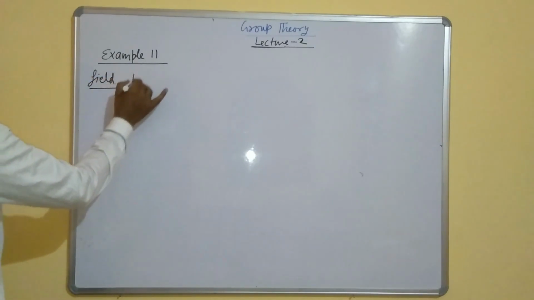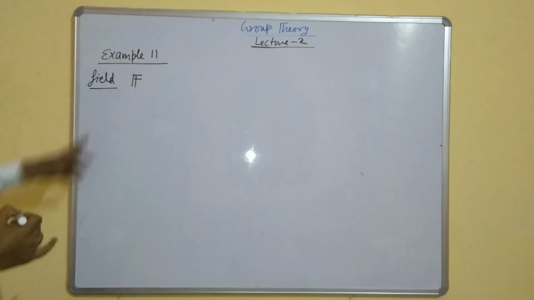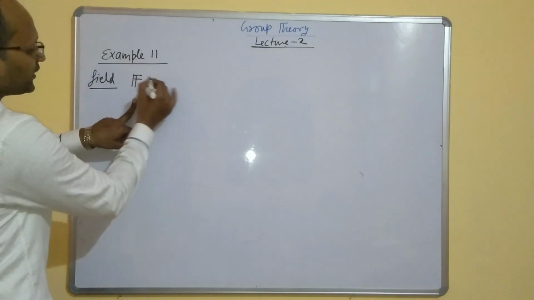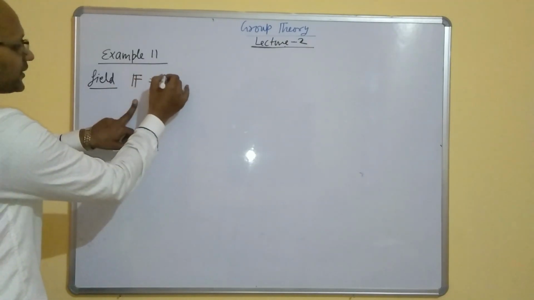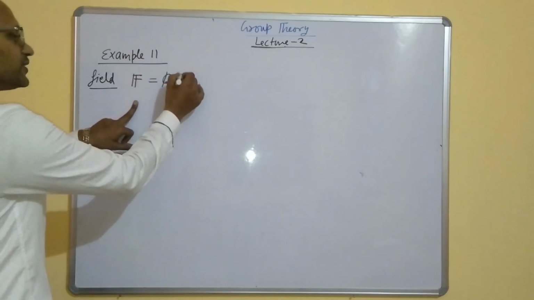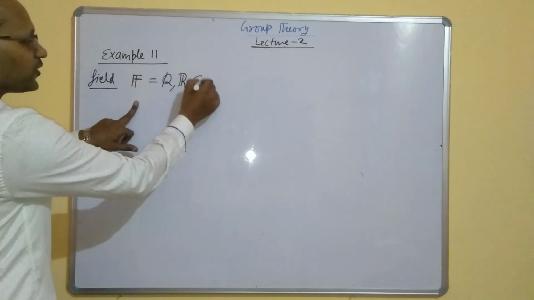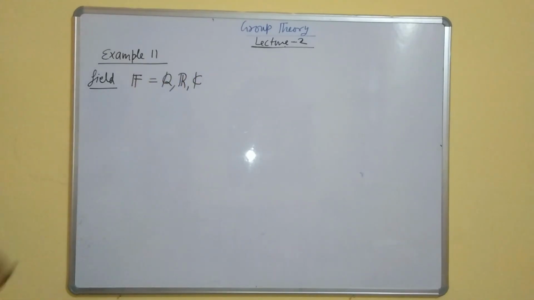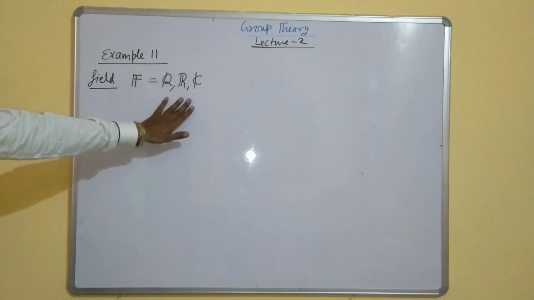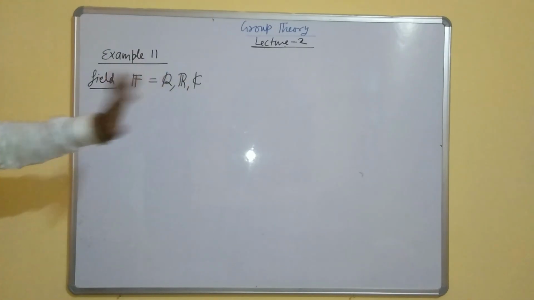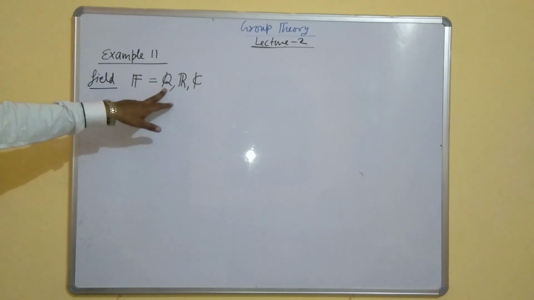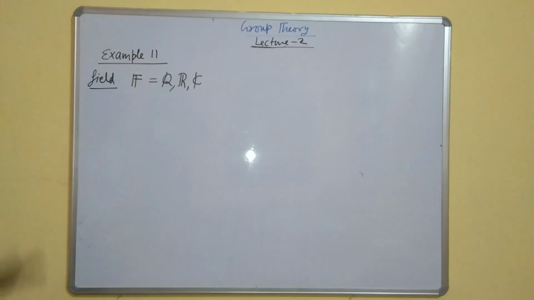At this moment it is not very correct to say field if you don't have any knowledge of field, but for me this notation F means the set of rational numbers, set of real numbers, set of complex numbers, and actually there are many more fields, but we know all these three fields. So whatever I am going to define for F, you can consider it for Q, R or C.